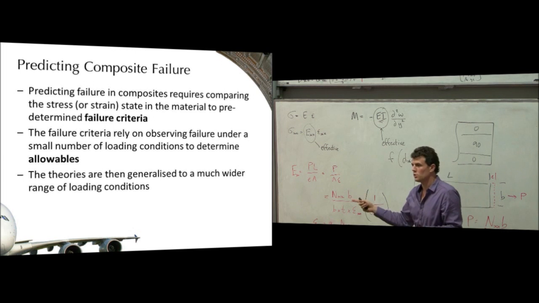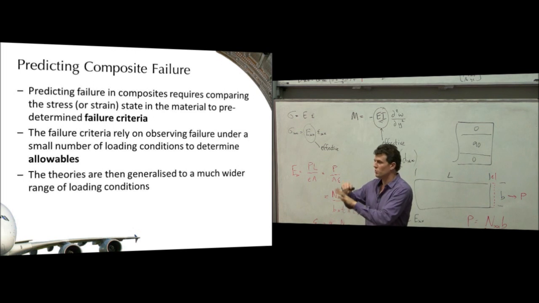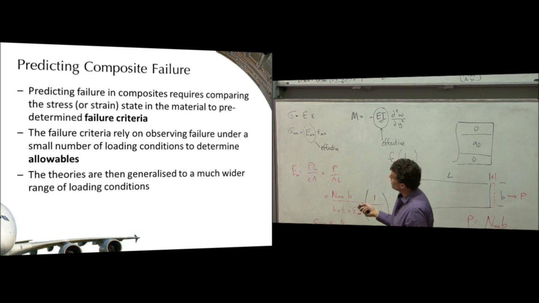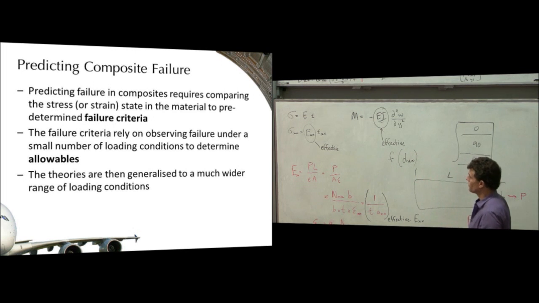Then if you go and make a steel pressure vessel, you've got a von Mises failure theory to work out what kind of pressure you can put inside before your tank will yield. It's the same with composites. We have to do a small number of tests to determine the allowables and then generalize that to a more complex loading condition.